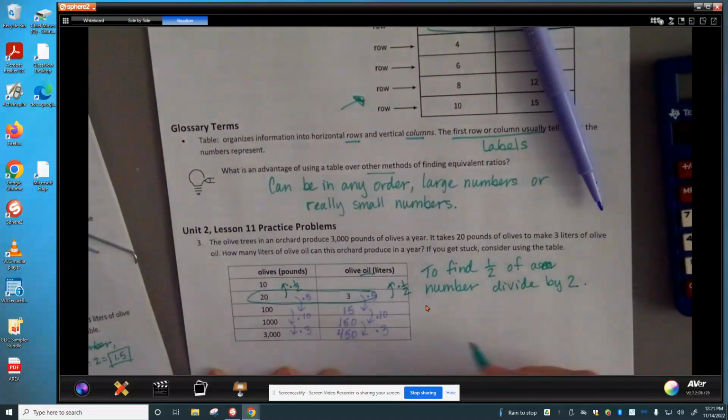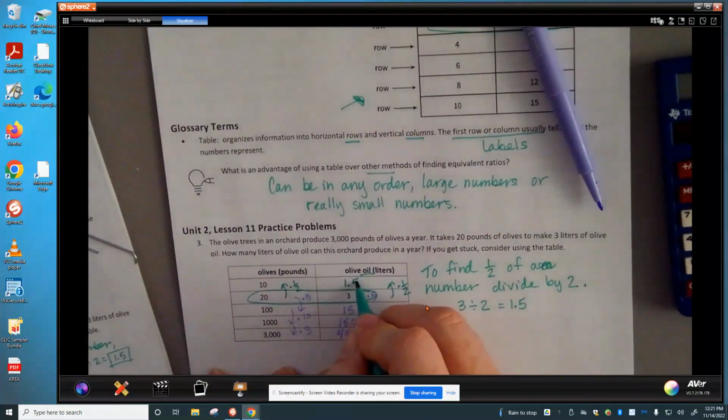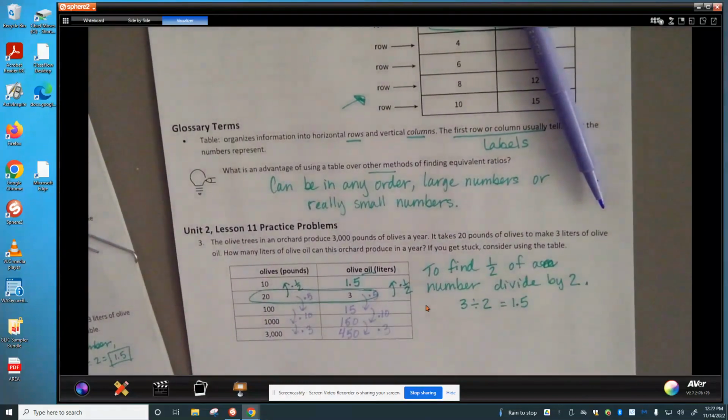So in a calculator, it would look like 3 divided by 2, and that equals 1.5. All right, let's go to the next page.